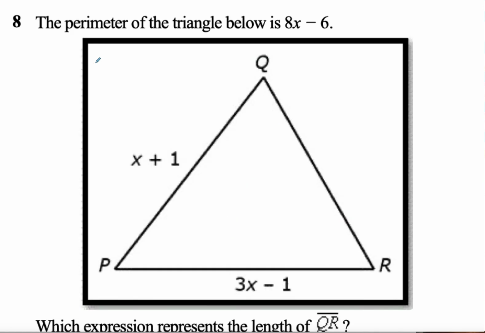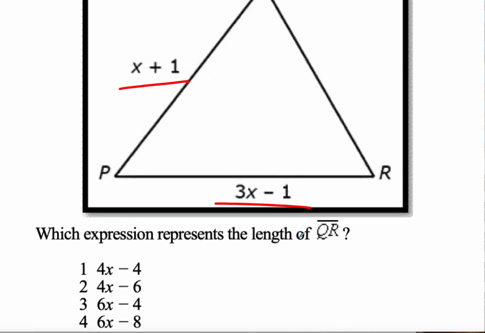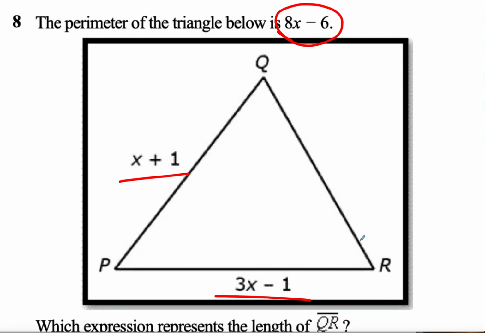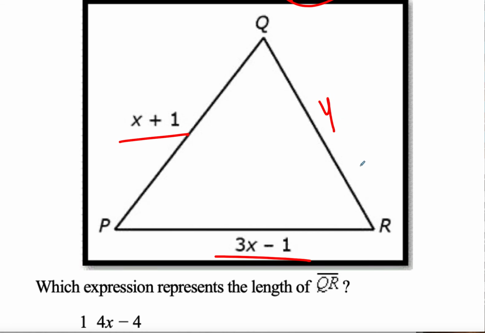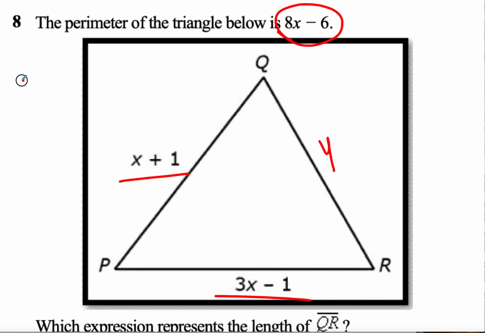Alrighty, let's look at number 8. The perimeter is 8x minus 6, but we have two sides given already. Which expression represents the length QR, which is this one? So let me call that y. Then you can see that x plus 1 plus 3x minus 1 plus y equals 8x minus 6.